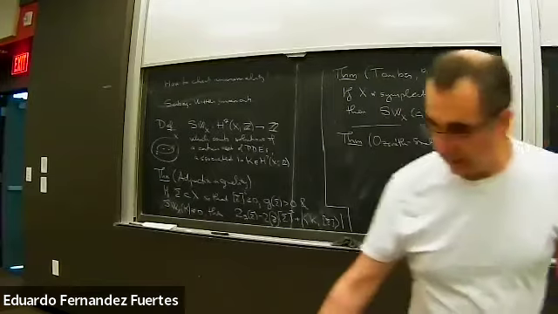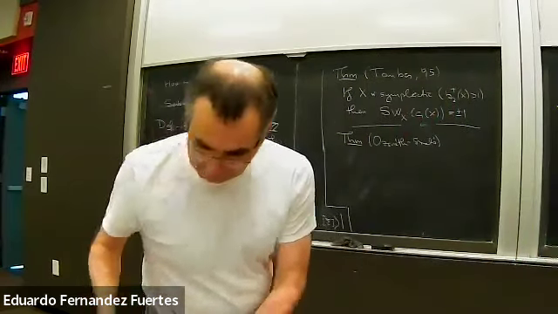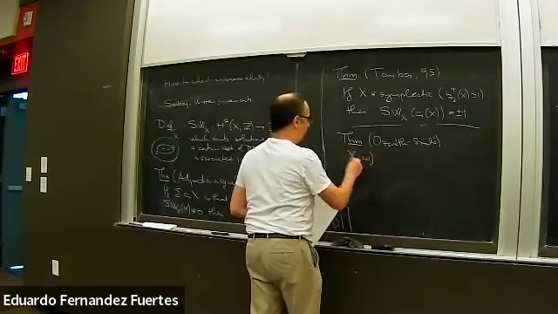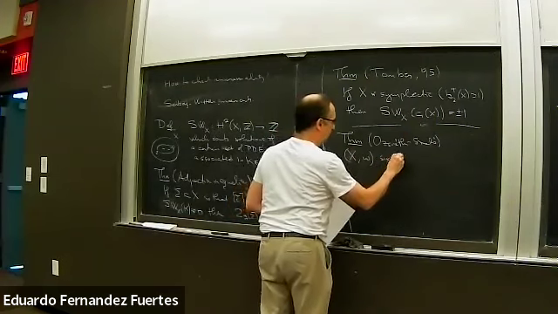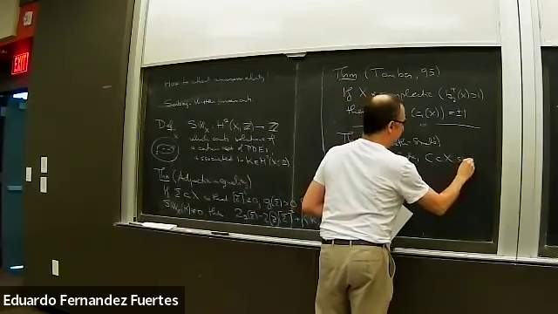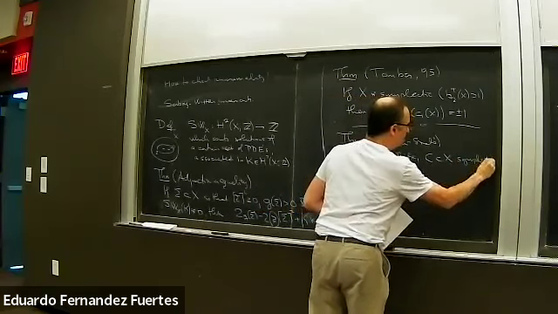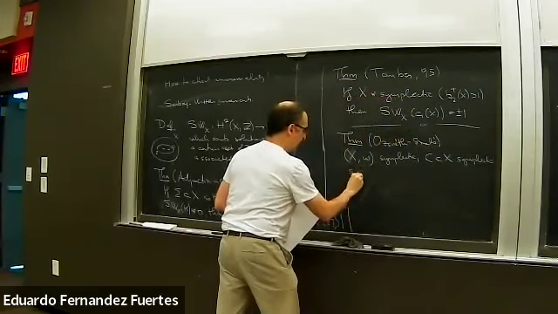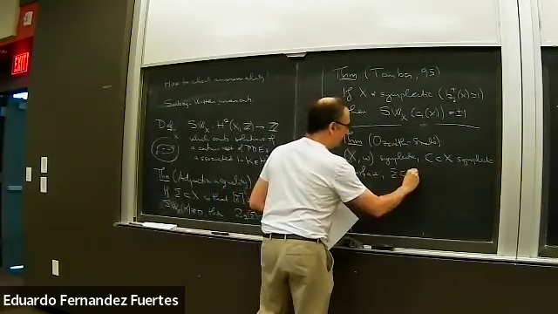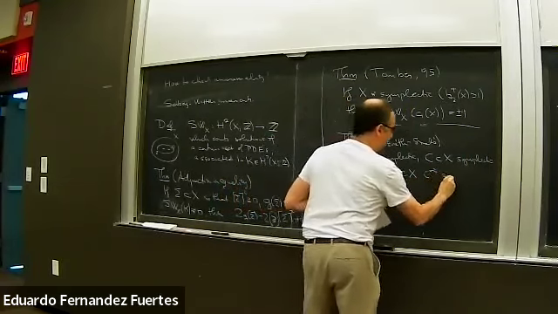X with omega symplectic, C a symplectic submanifold, a surface, sigma a C infinity embedded surface.